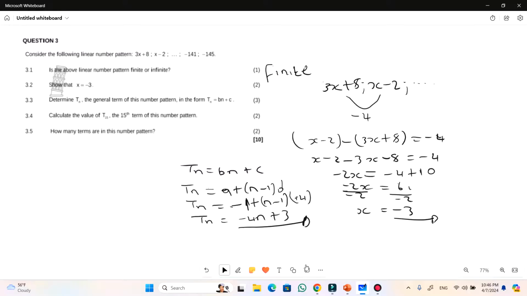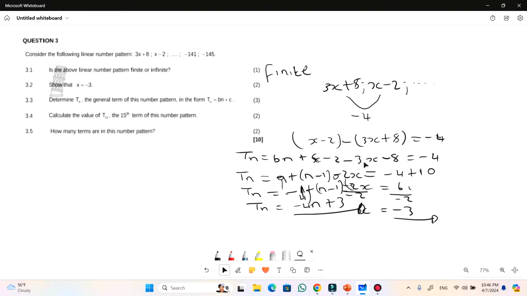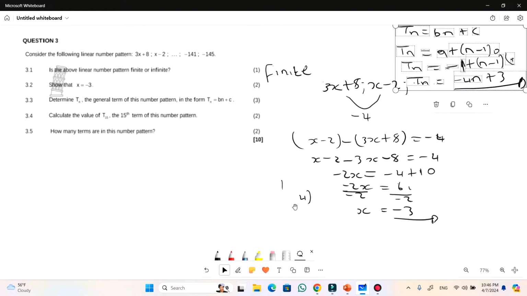Now we are going to look at our fourth question, which says calculate the value of T15, the 15th term. That 15th term stands for the position, right? So you only need to take your equation there. Tn is equal to negative 4n plus 3.